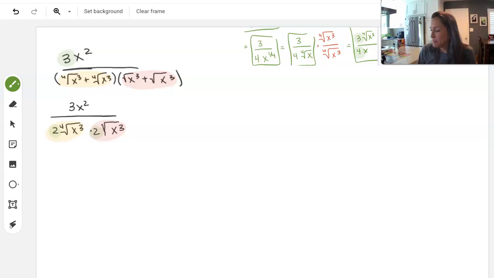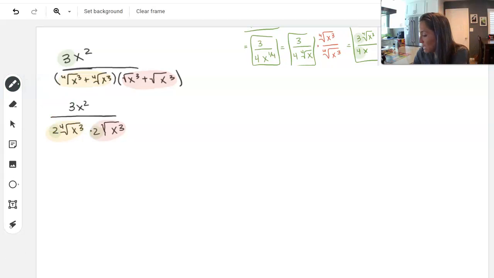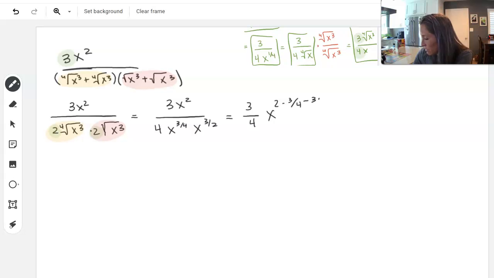All right. So let me rewrite this using my fractional or rational exponents because it's going to make life a little bit easier on us. We have a 3x squared on the top. I'm going to go ahead and multiply the 2 and 2 to 4. As I said, I'm excited about that. And then we have an x to the 3/4 and an x to the 3/2. So we can just use exponent rules. This is 3/4, and we're going to have x to the 2 minus 3/4 minus 3/2, right?